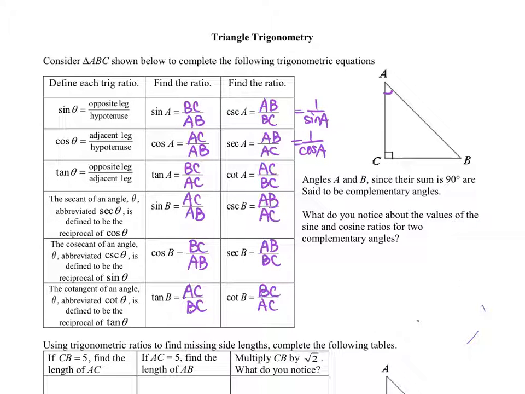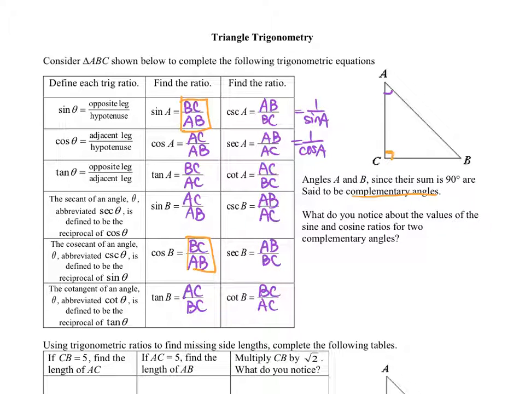Also recall, there are some notes on the right-hand side here. Also recall that A and B are complementary angles because this is a right triangle with C being 90 degrees. So the sum of angle A and angle B is 90 degrees. And then let's look at sine of A and cosine of B. It's exactly the same.